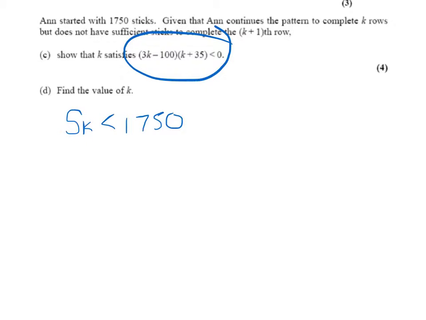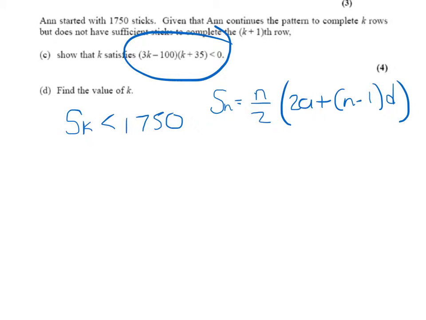The sum formula is your n over 2 times 2a plus n minus 1d. Now, the n is what we're trying to figure out, because we're trying to figure out how many terms the sum is that gives us less than 1,750. So we're going to put k in as n.